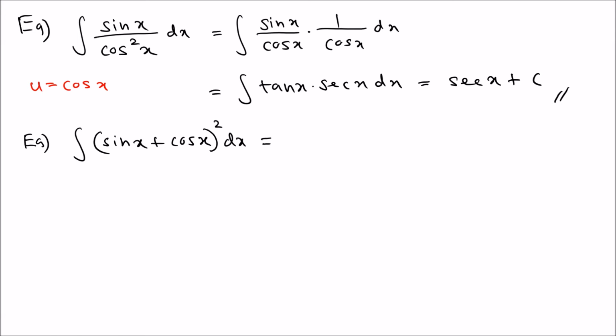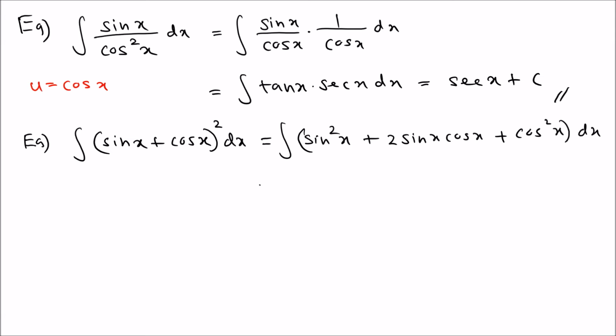If you have something like that, what is the obvious thing we can do? We can distribute. Once you distribute, you get the square of the first term, sine squared x, twice the product, and then cosine squared x, like that.